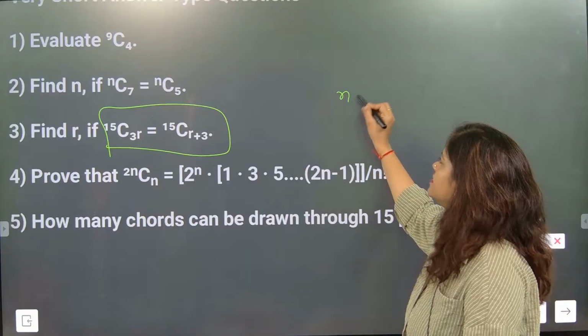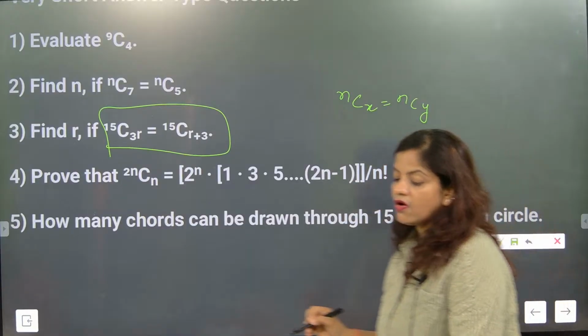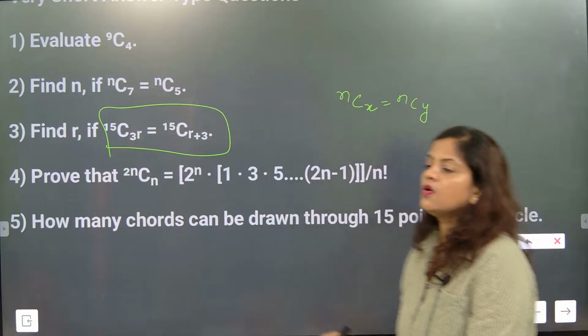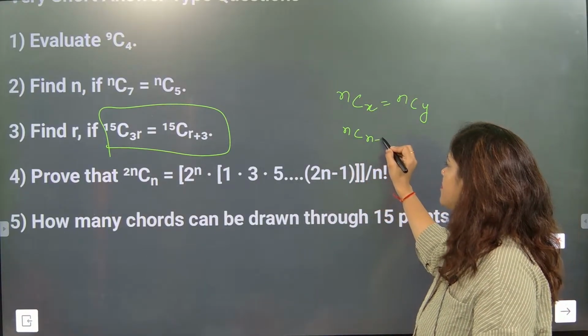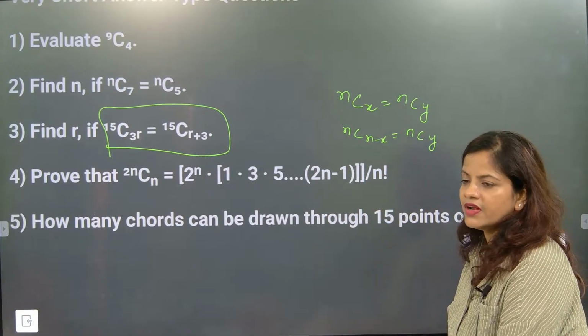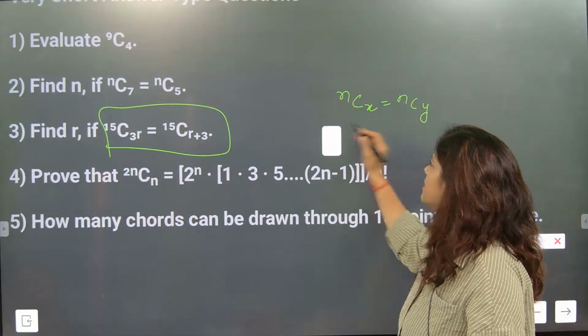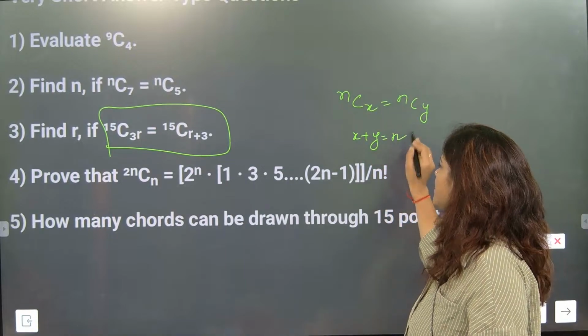Here it is nCx equals nCy. What are the two possibilities? One possibility is nC(n minus x) equals nCy. We'll write that now. But here directly we can write x plus y equal to n.